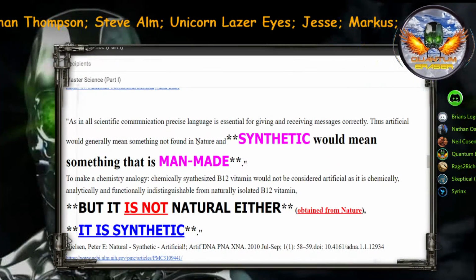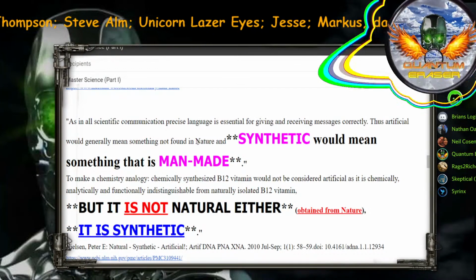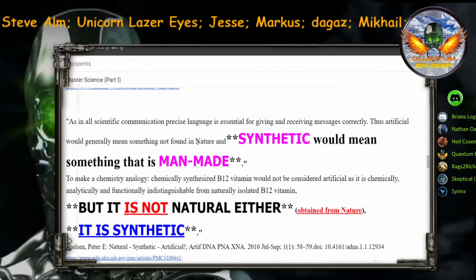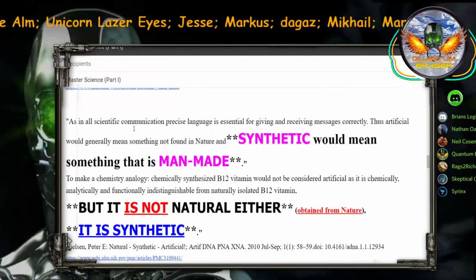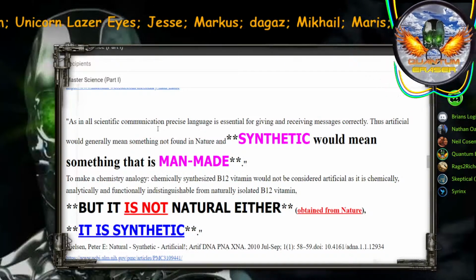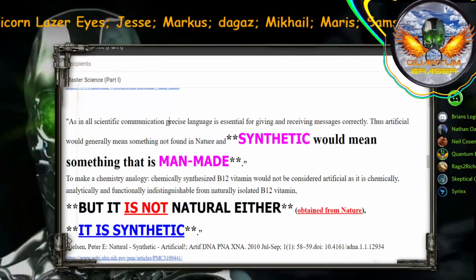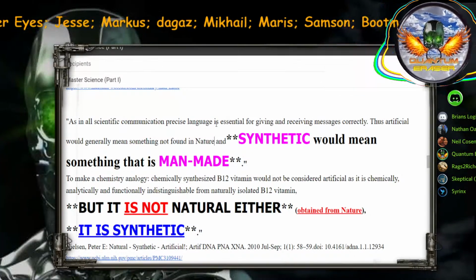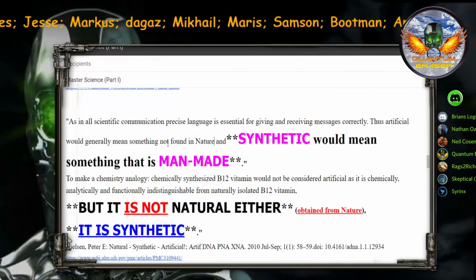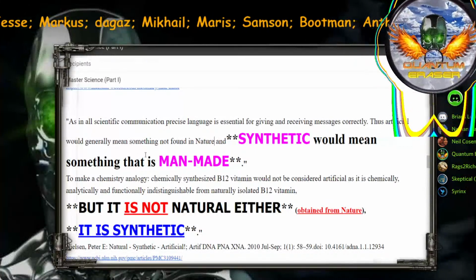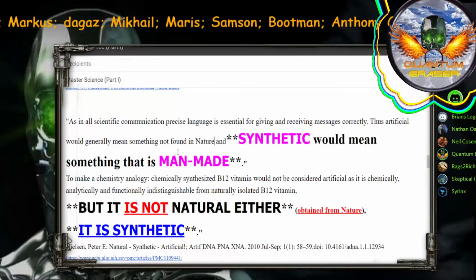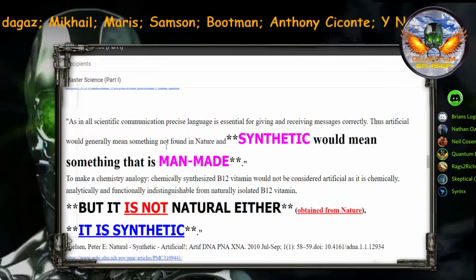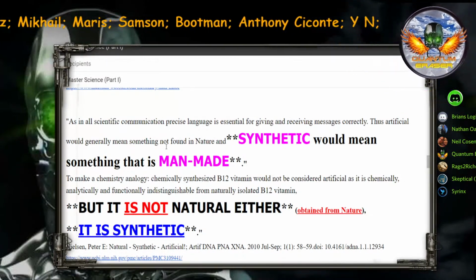Listen closely. From Artificial DNA, PNA, and XNA, 2010. We already heard the first statement above. As in all scientific communication, precise language is essential for giving and receiving messages correctly. Thus, artificial would generally mean something not found in nature, and synthetic would mean something that is man-made.